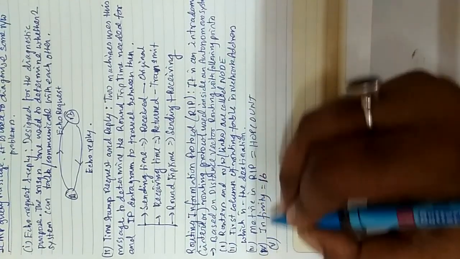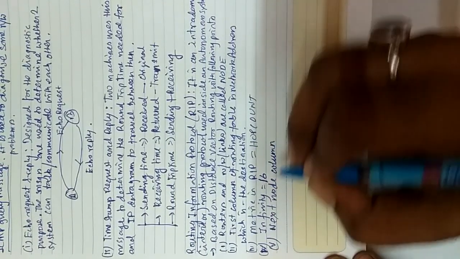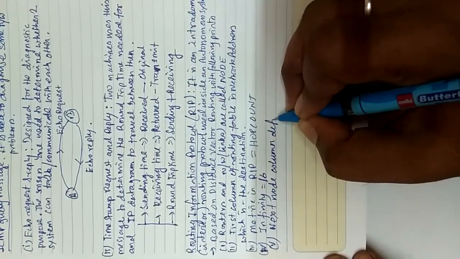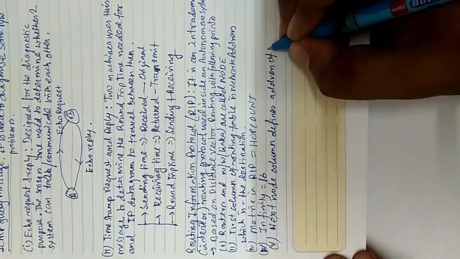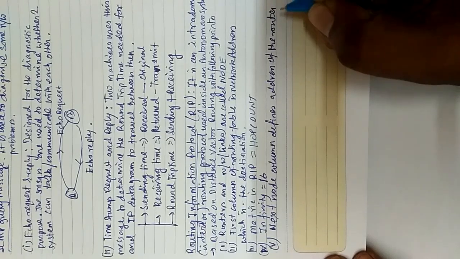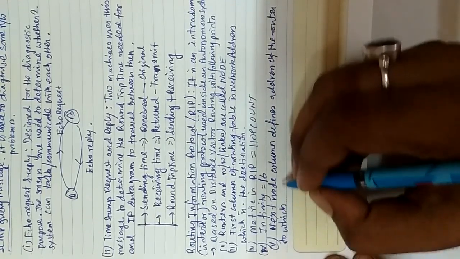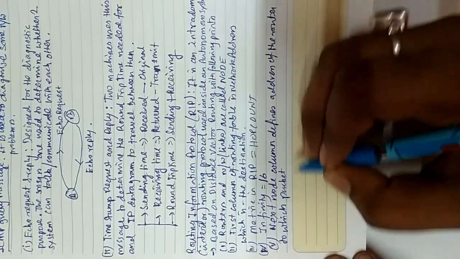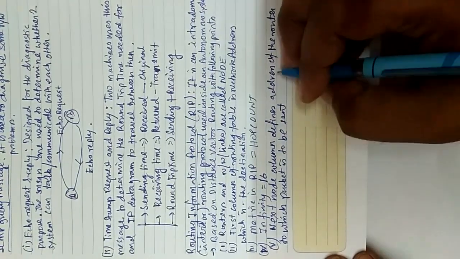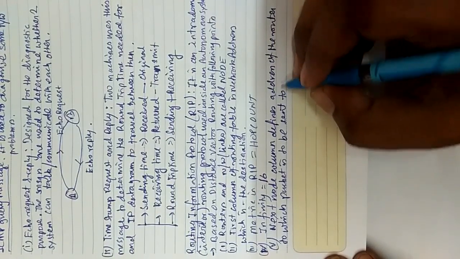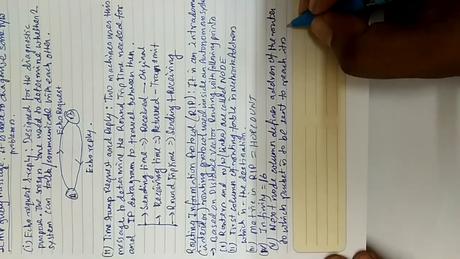And the 5th point, the next node column defines the address of the router to which the packet is to be sent to reach its destination.